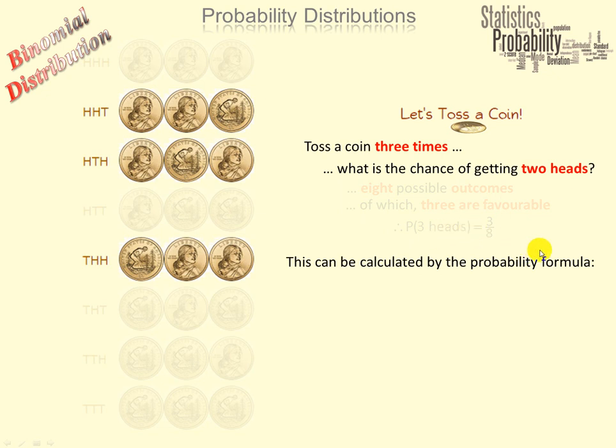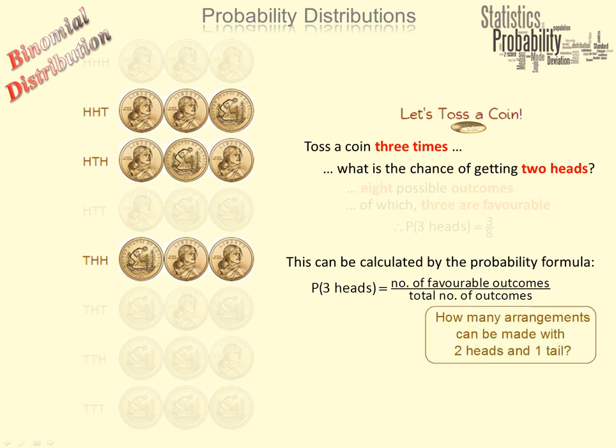Now that was also by probability formula, but we're actually going to use more the principles of permutations as well. So, number of favorable outcomes. We know there are 3, so in how many ways can they be arranged? How many arrangements can be made with 2 heads and 1 tail? Well, that's one of those repeat questions.